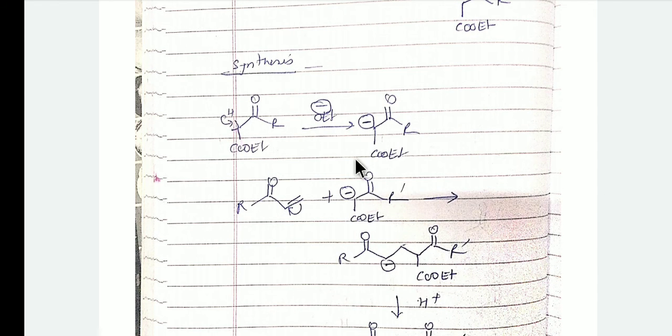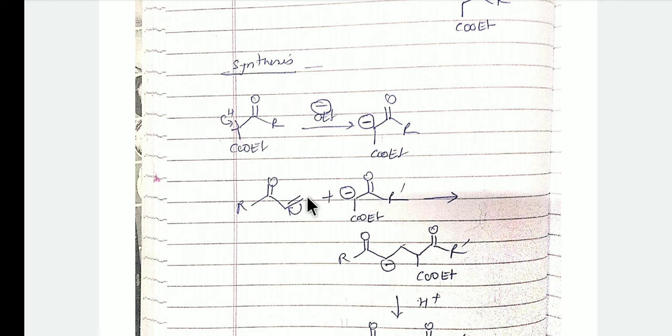Then the reaction of this anion with the second molecule of synthetic equivalent takes place, and electron delocalization occurs from this carbon to this carbon atom. So this carbon atom becomes positively charged and this carbon atom becomes negatively charged.